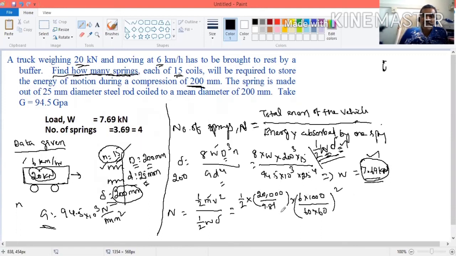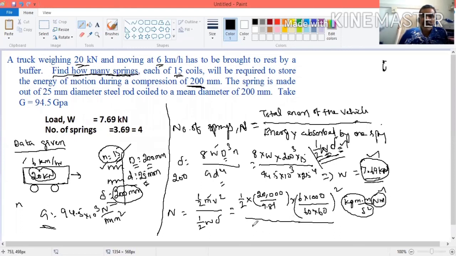If you put mass, the unit will be kg. If you put velocity, meter per second, that is meter square. So now kg meter per second squared is equal to Newton. So the unit is Newton meter. Energy unit is Newton meter, right? So you can substitute like this.